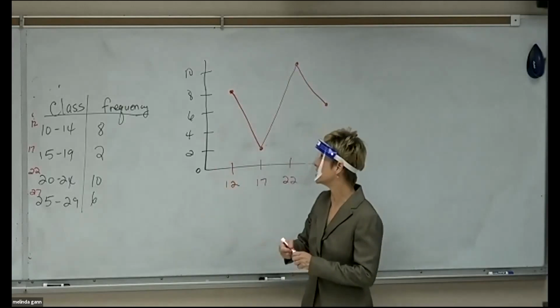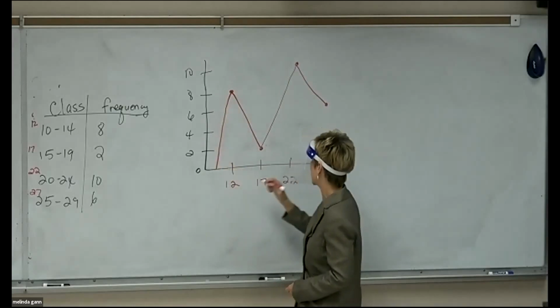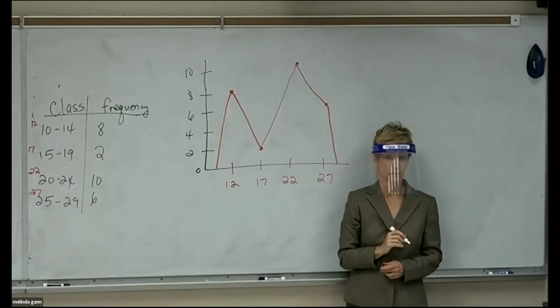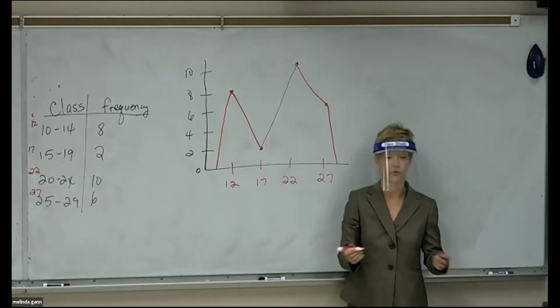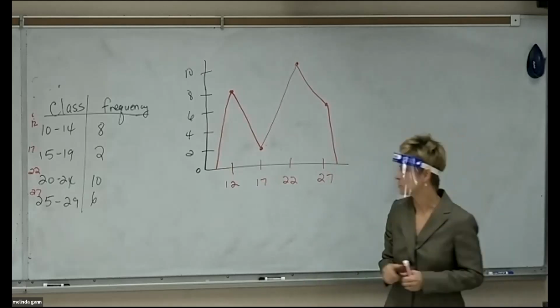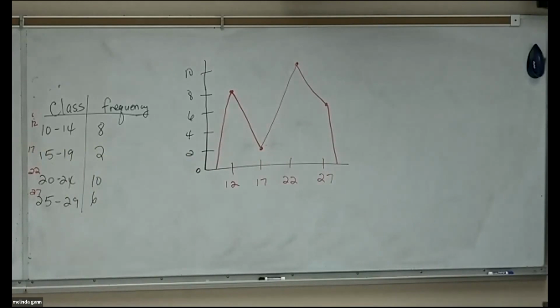So all I'm gonna do is literally just connect that endpoint to the horizontal scale, and connect that endpoint to the horizontal scale. Now it's closed. So step 6 is connect the endpoints to the horizontal scale.